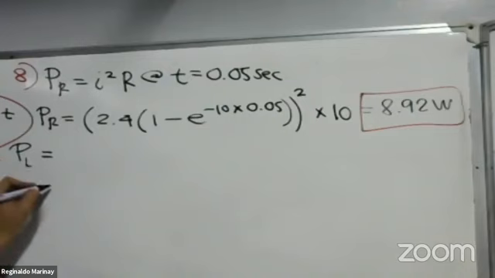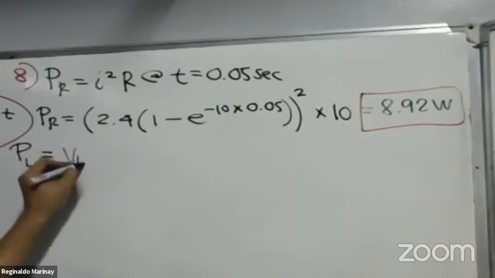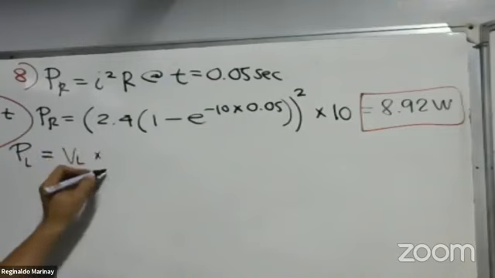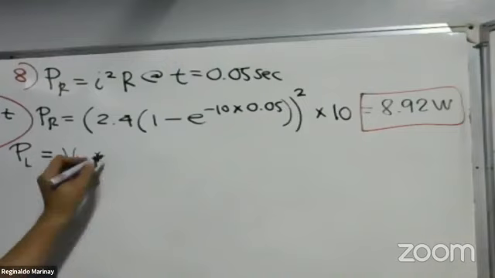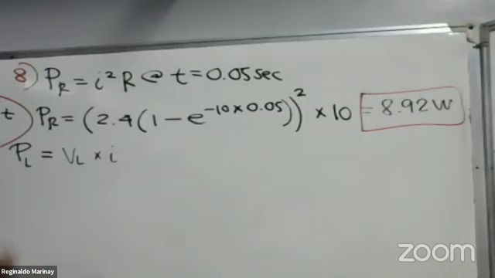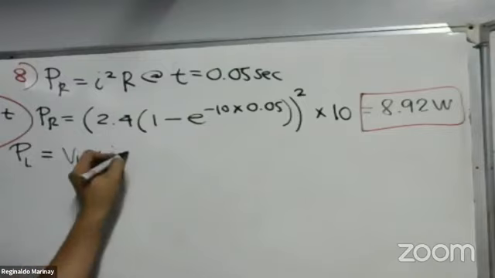Our PL is BL times I. So, what is the formula for BL?